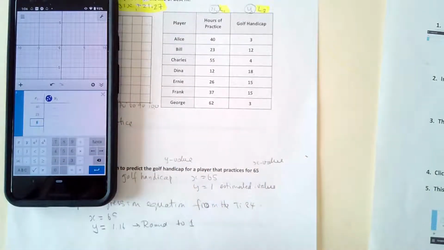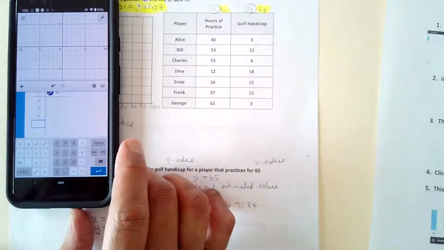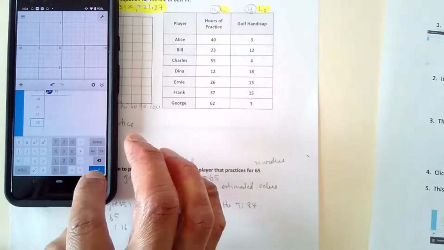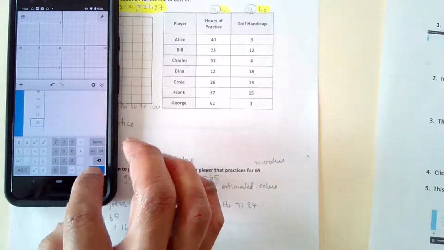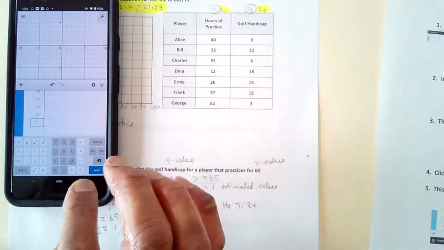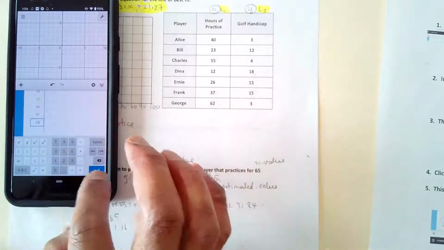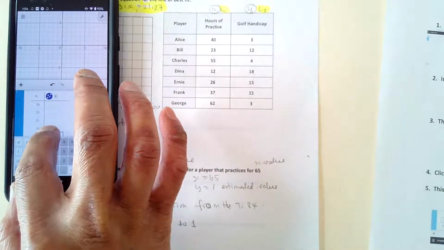Enter. 55. 12. 26. 37. And 62. Now, this is your set of data in your X1.